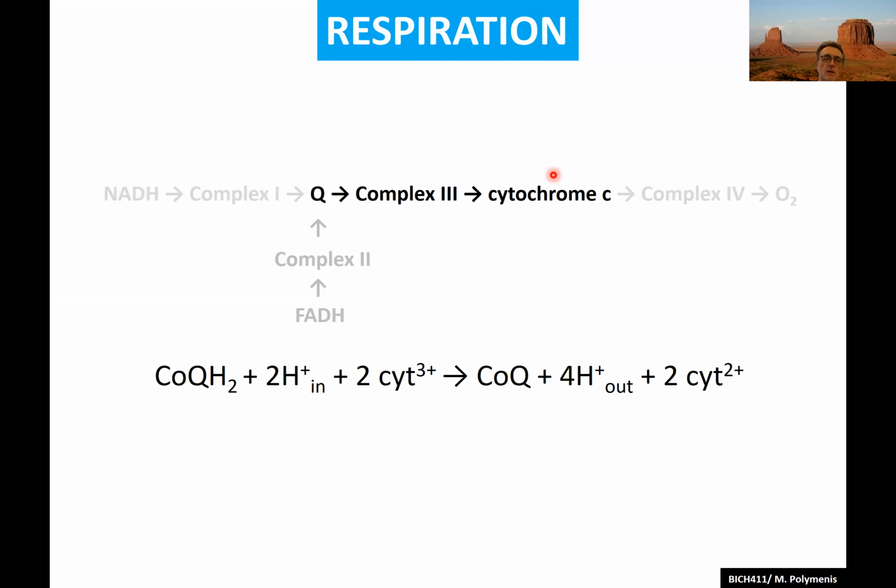So the overall reaction is like this. We have a coenzyme Q that's reduced. It picks up two protons from the inside. And overall, as you will see, we're going to have four protons on the outside. Coenzyme Q gets oxidized, and the electrons go on to cytochrome C. So two molecules of cytochrome C are going to be reduced.